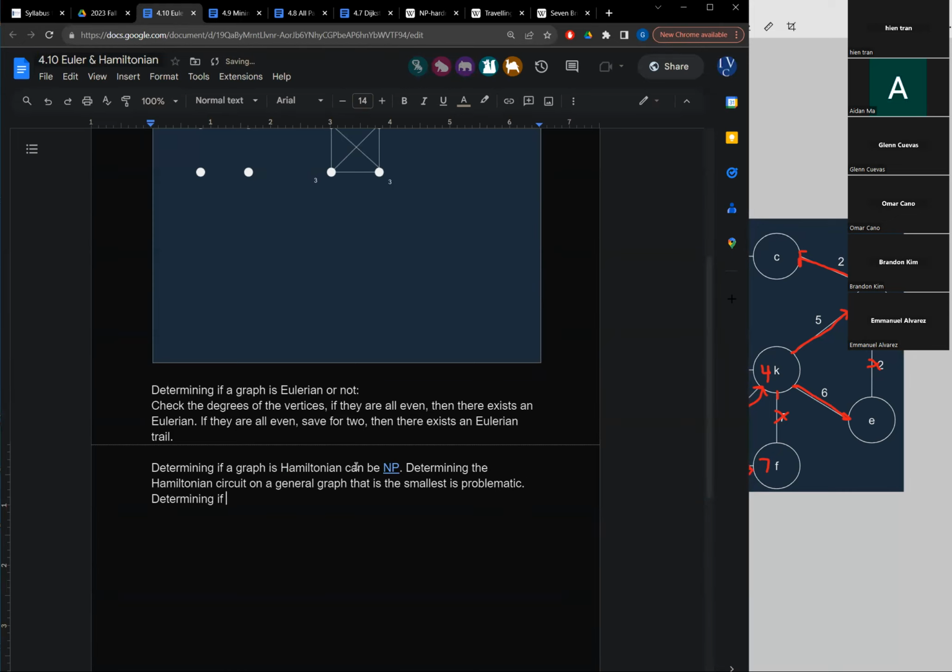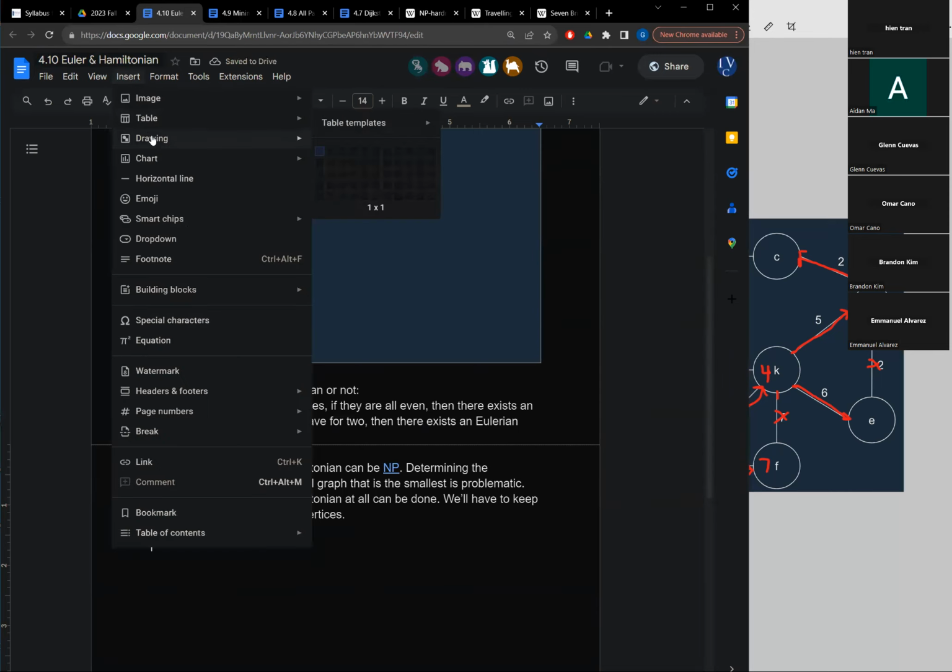Determining if a graph is Hamiltonian can be NP. We'll have to keep an eye out for cut edges and vertices. So let's put that first.